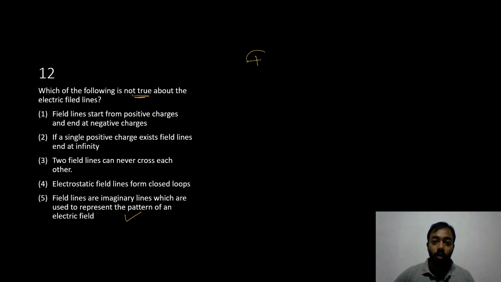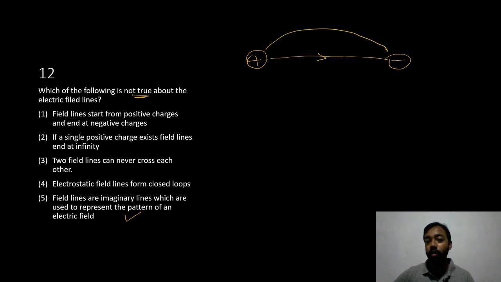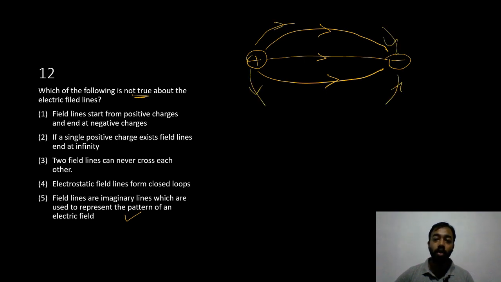if you have two charges, a positive charge and a negative charge like this, the field lines are moving like this. So they are moving away from the positive charges and moving towards the negative charges.